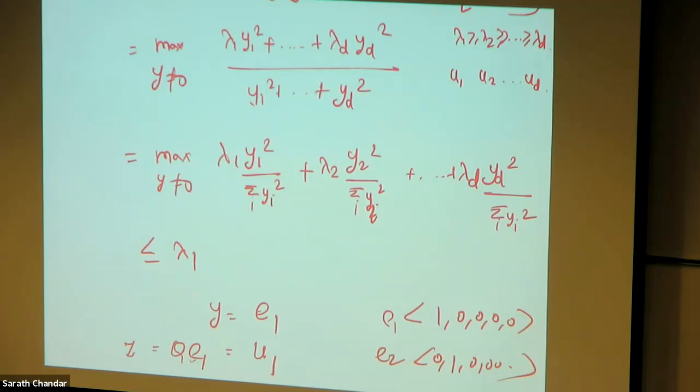Is it clear? So if I substitute that I want y to be E1 in my previous equations, I would get q times E1. Now q, we know, is orthonormal, with row vectors being the eigenvectors. So this basically says you pick the first eigenvector, which is U1. Now we know that the first eigenvalue was the largest eigenvalue, which means the first eigenvector was the corresponding eigenvector to the largest eigenvalue, right?